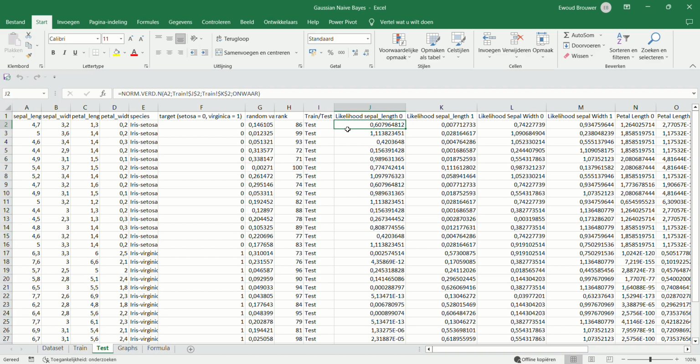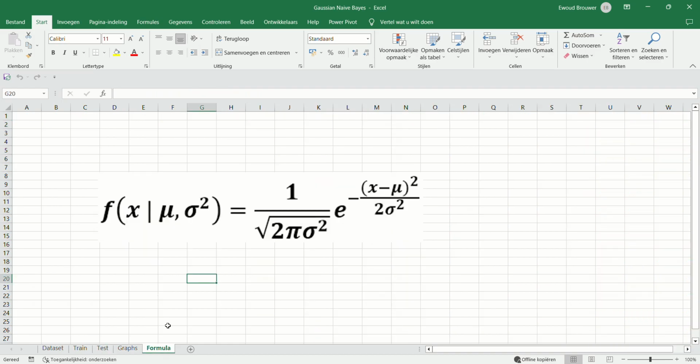It's quite handy to use because the formula is quite complex. This is the formula to calculate the likelihood, or to create a normal density function. The two unknown parameters are the standard deviation and the mean, which I just calculated in the training dataset.